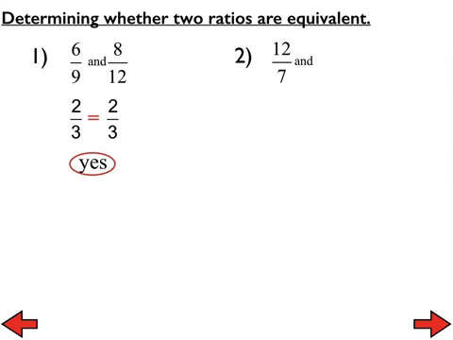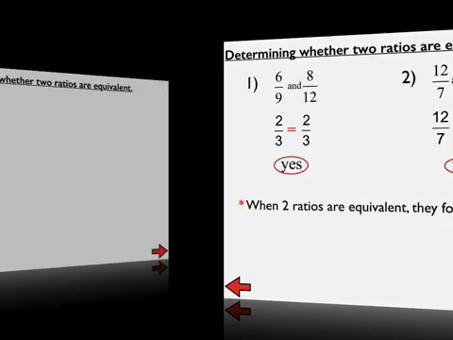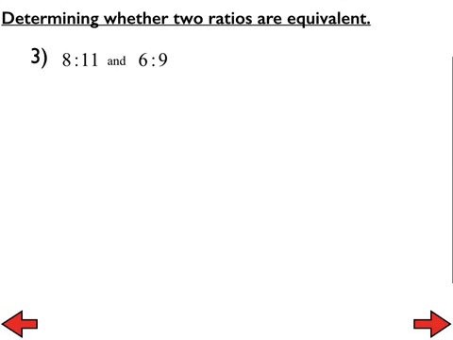Number 2, what do those fractions reduce down to? Zach? 12/7. Good. 12/7 is already reduced, and then this one becomes 30/17. Are those the same fraction? So are they equivalent? Nope. I'm going to put a not equal symbol in between and then say no. Now number 3, what do those ratios reduce to? 8/11, 365, and 622.